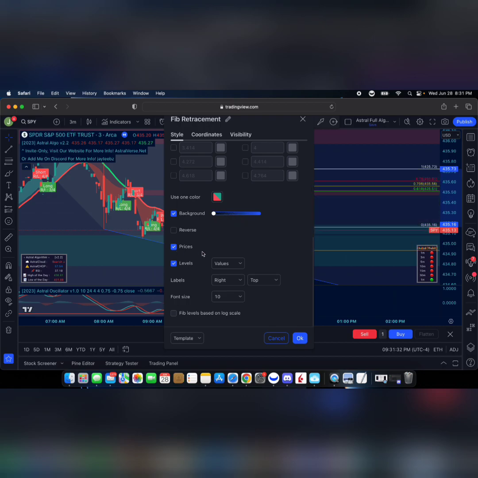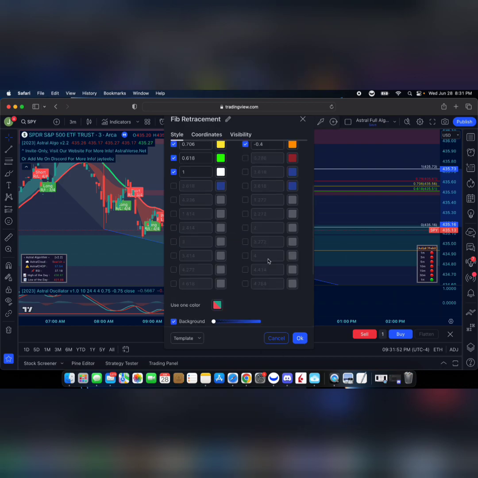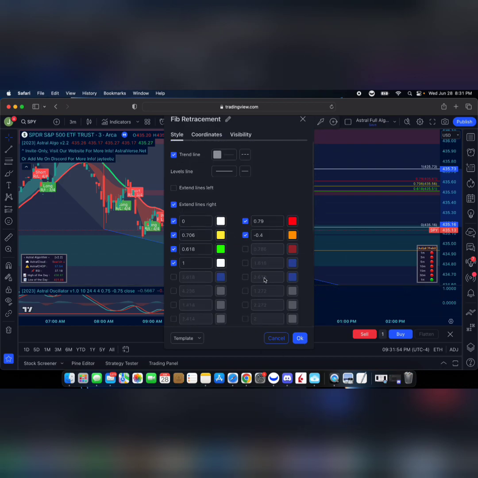I'll usually take it all off. Then I put the prices, if you want to put prices or not, I actually put it on. Levels, value. I usually put value. Then the right and top of the labels, and font size 10, depending on what you want. So copy these settings and then we'll start.